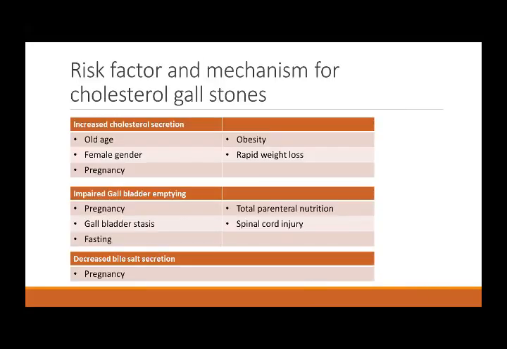So, cholesterol gallstones. What's the mechanism? There's increased cholesterol secretion, gallbladder emptying is impaired, and bile salts that emulsify the cholesterol are decreased in secretion. Increased cholesterol secretion is induced by female sex, pregnancy, obesity, or rapid weight loss, and in old age.